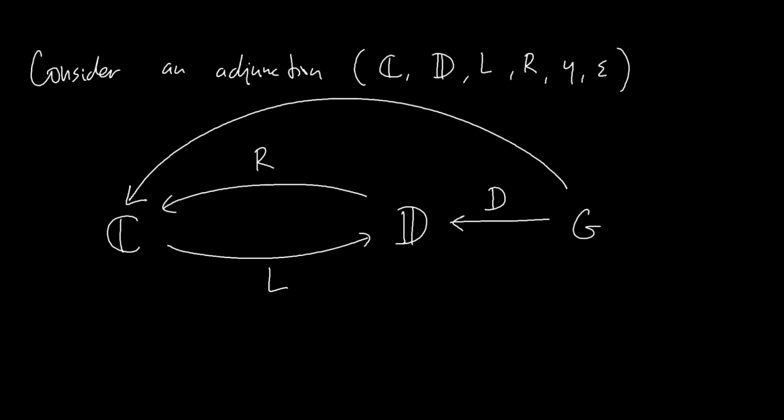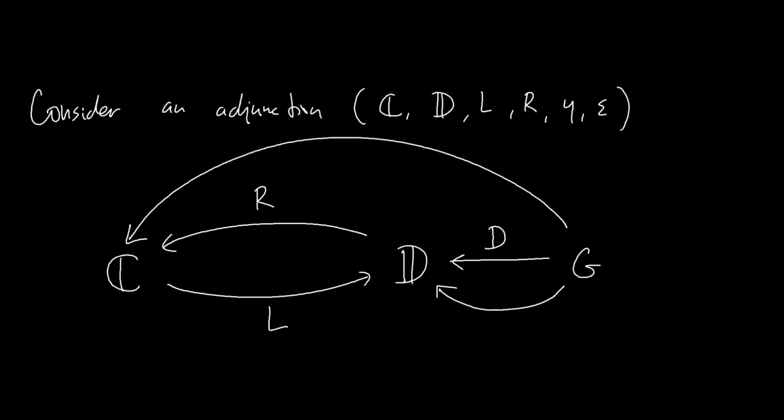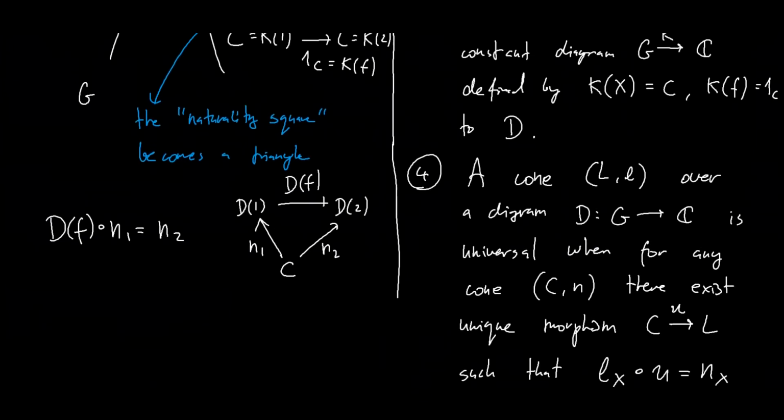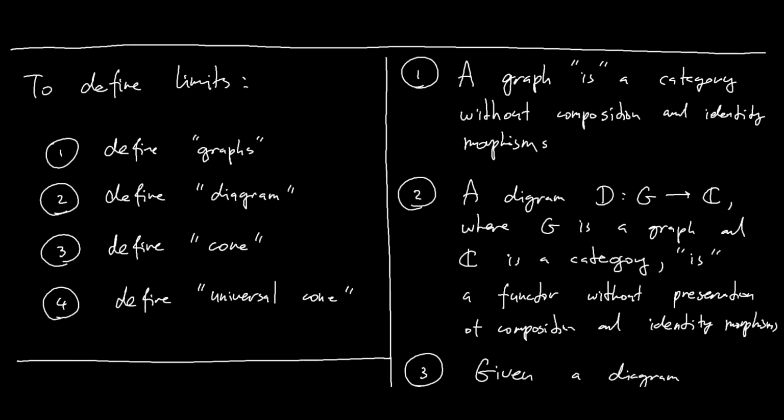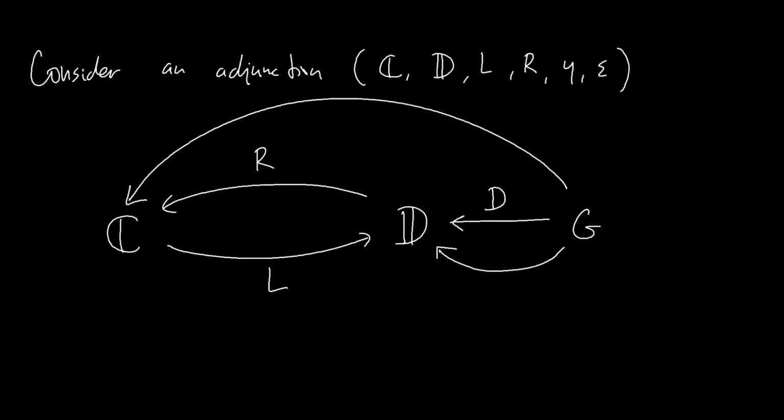Now imagine, furthermore, I have also a cone over D, which is a universal cone. I forgot to say this, but the definition of universal cone is the definition of the limit we were looking for.